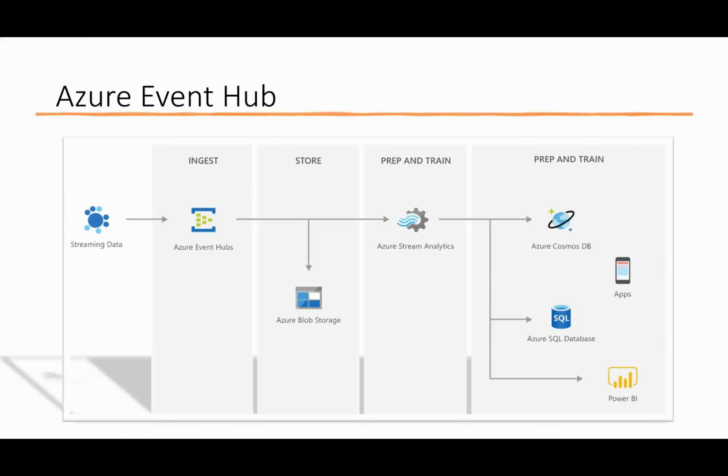Now we see here a schematic of streaming data being ingested by the Azure Event Hub. In this particular example, the Event Hub is making that data available as being pulled up into Azure Blob Storage, as well as being ingested by an Azure Stream Analytics pipeline.